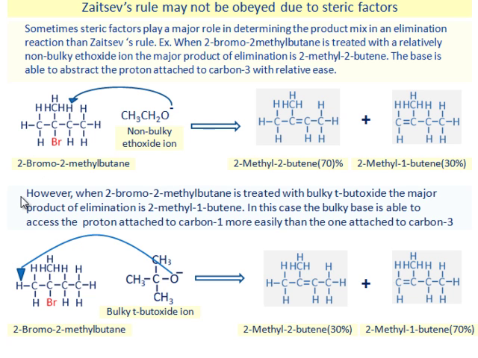However, when 2-bromo-2-methylbutane is treated with bulky t-butoxide, the major product of elimination is 2-methyl-1-butene. In this case, the bulky base is able to access the proton attached to carbon 1 more easily than the one attached to carbon 3.